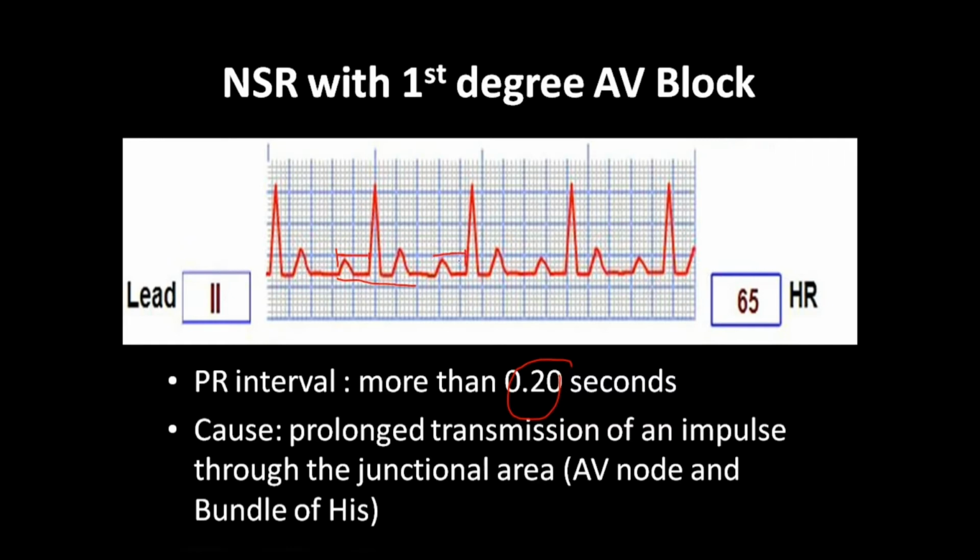After that, the ventricular depolarization takes a longer duration. Okay, so that is what is called the first degree atrioventricular block. Here the junctional area will not catch the impulses very fast.